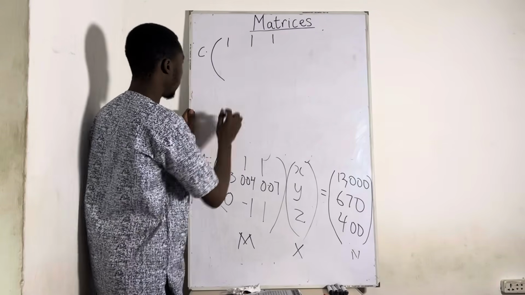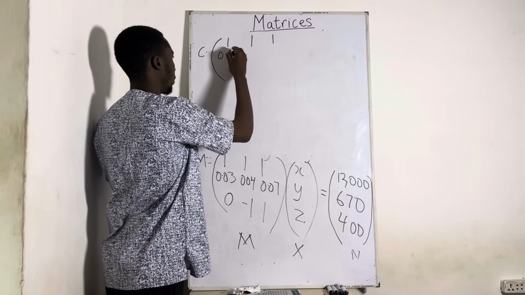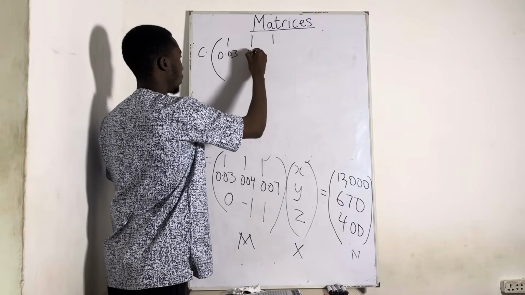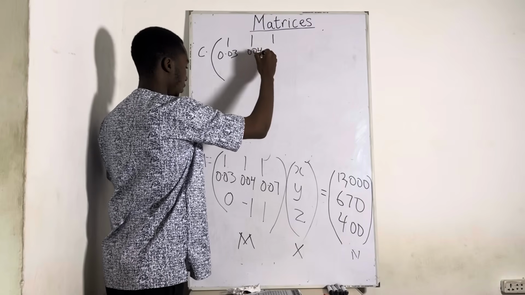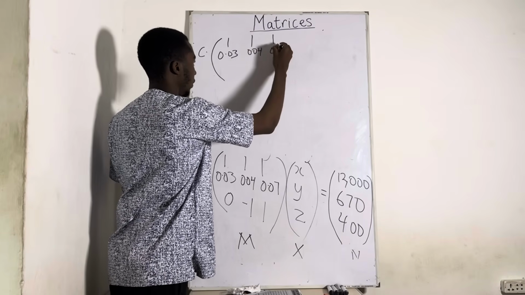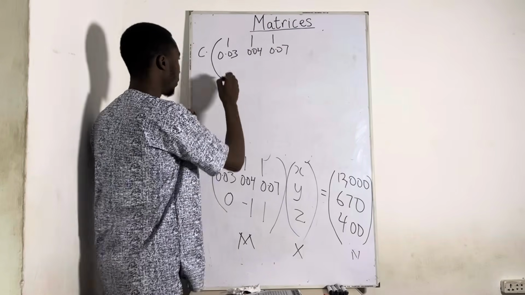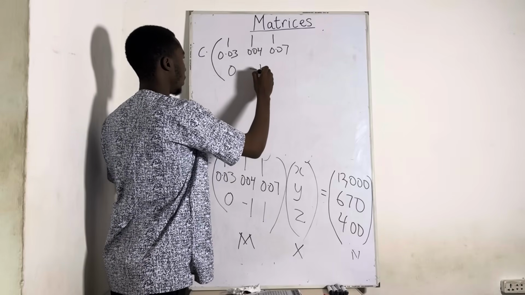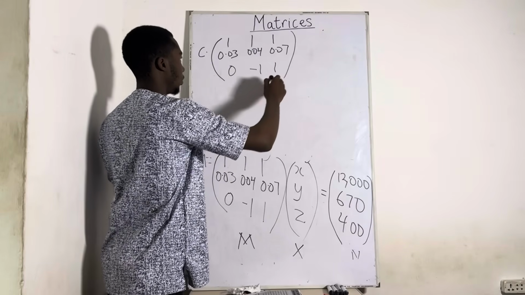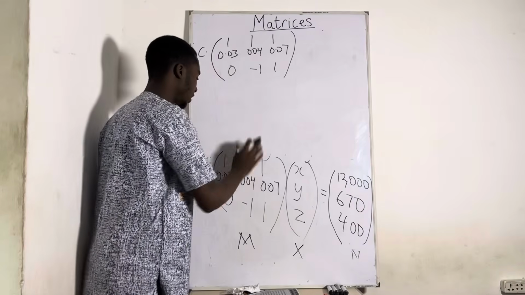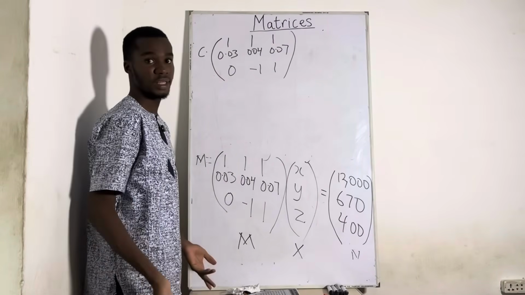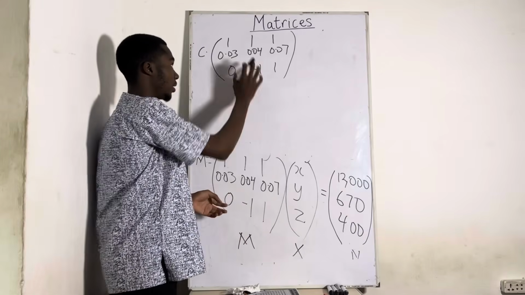Then another one, we have 0.03, 0.04, and 0.07. And here we have 0, -1, 1. Do you get it? All right, so this is just the same thing that is here. I've not done anything. I just repeated what is here at the top.